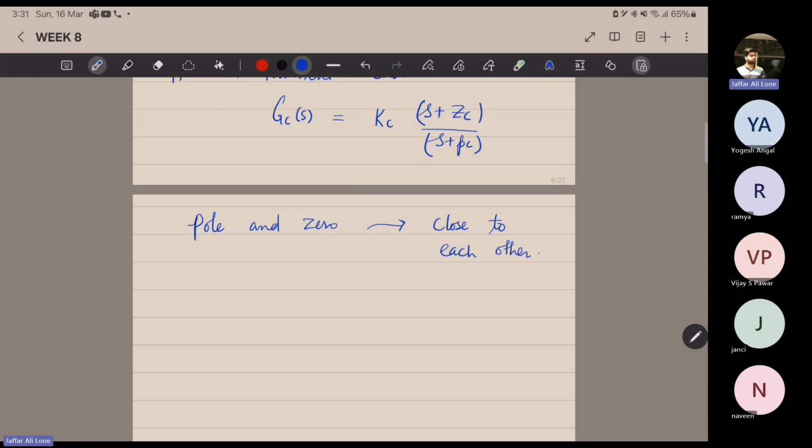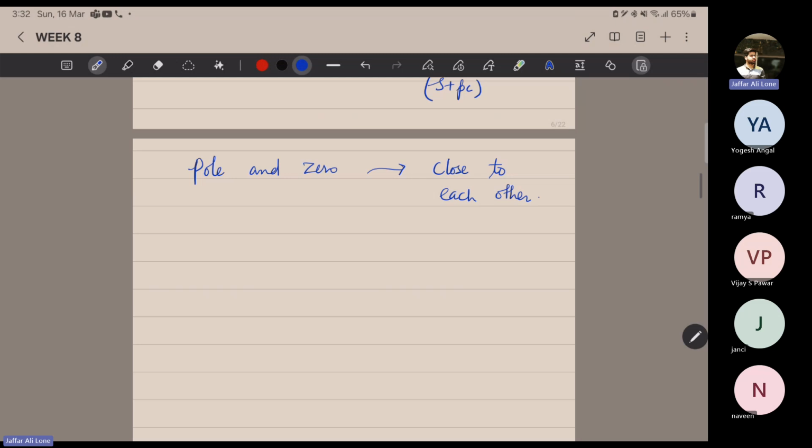So two things are there. One is this pole and zero should be close to the origin, and they should be close to each other. And the other one is that Zc over Pc should be large. Why should it be large? Because we want to improve the steady state response. And why should these poles and zeros be close?